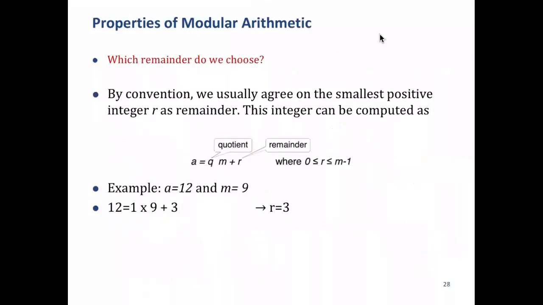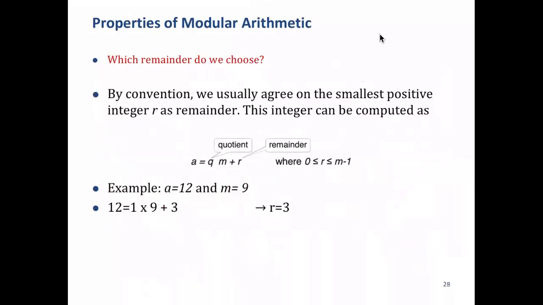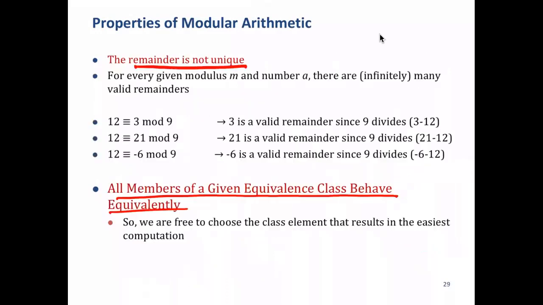The remainder is not unique, as we discussed earlier. We can have multiple remainders. Now note that a very important property is that all members of a given equivalence class behave equivalently.